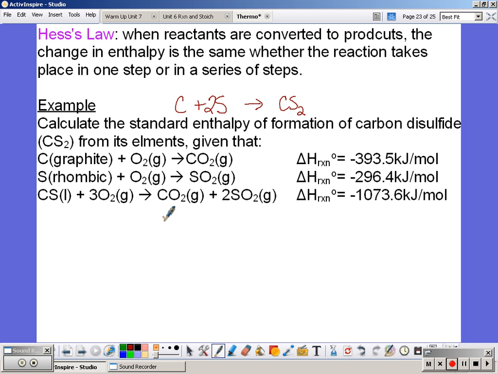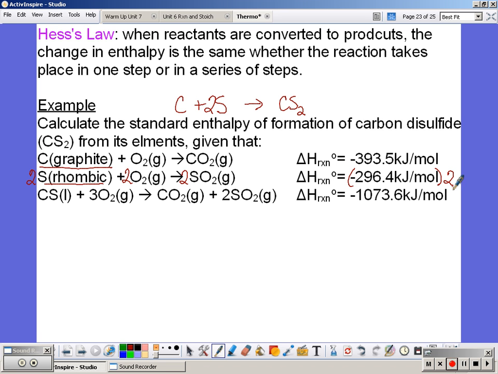So we want carbon to be a reactant, which it is right here. So we don't want to flip the first reaction. We want sulfur to be a reactant, and it is right here. However, we want 2 sulfurs, so I'm going to have to multiply everything by 2, including my heat of reaction.